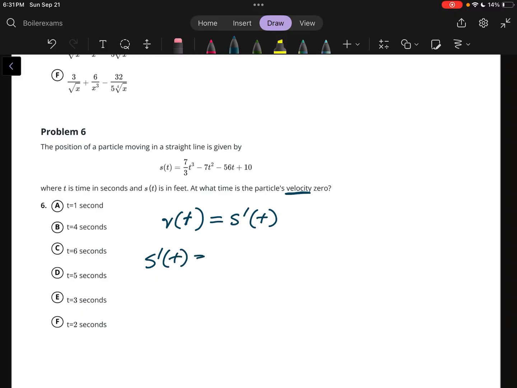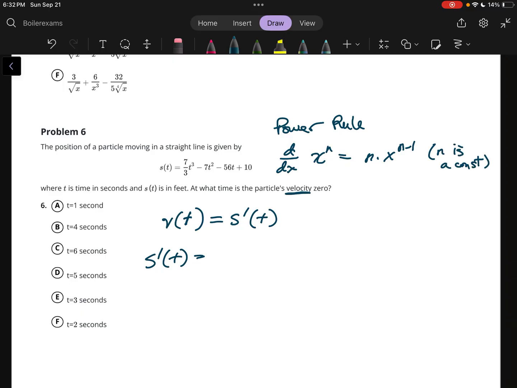Okay, so to find the derivative of s of t, we can use the power rule, which I'll write up here. Power rule: the derivative of x to the power of n is equal to n times x to the power of n minus 1, assuming n is a constant.